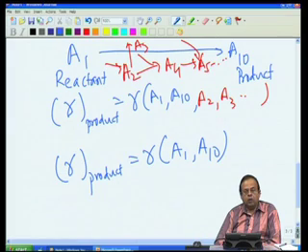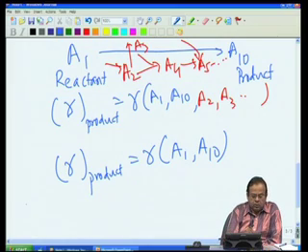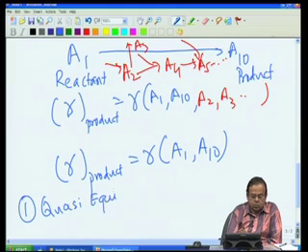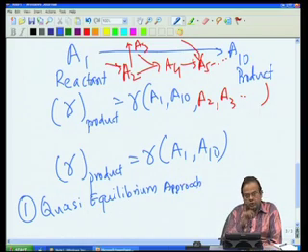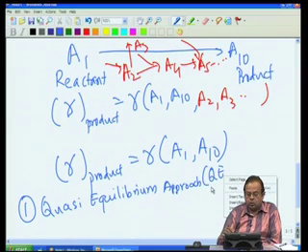So, how do I do that? We saw we can do it in two different ways. Number one, the quasi equilibrium approach, or approximation, or QE for short.